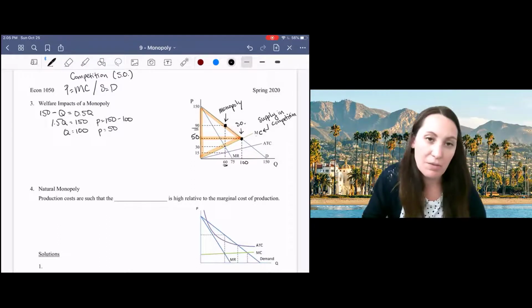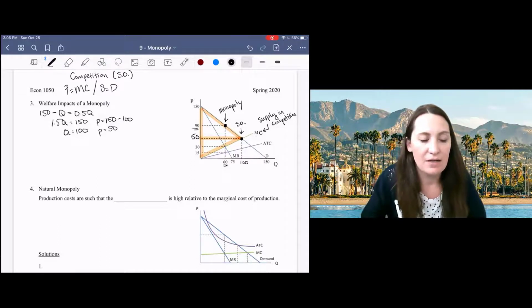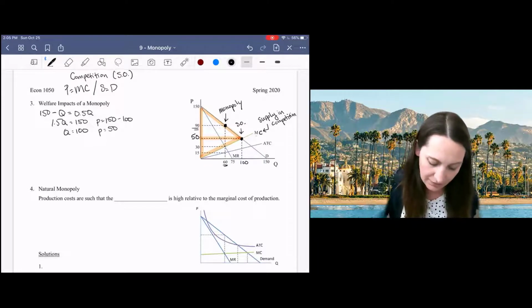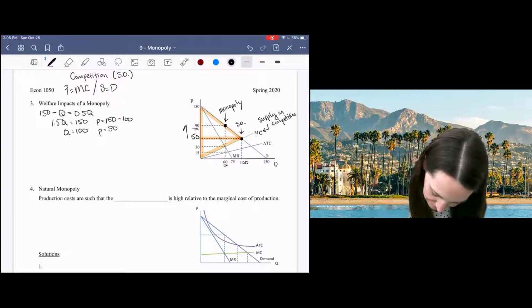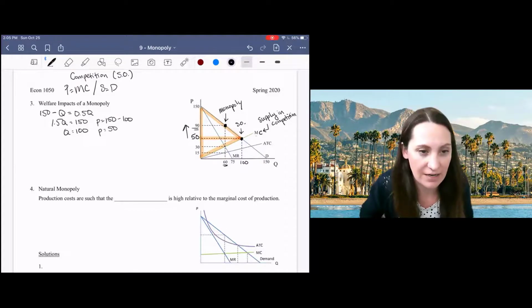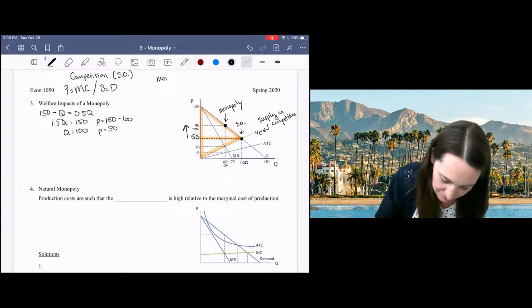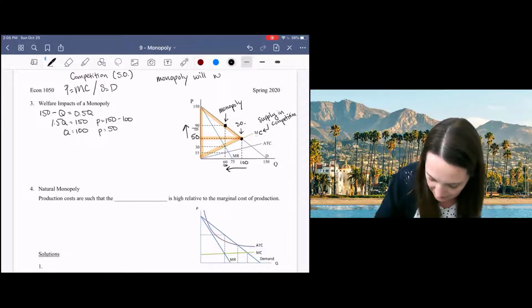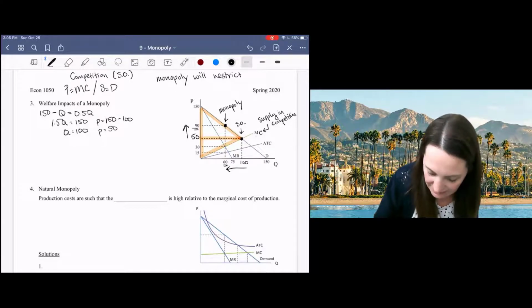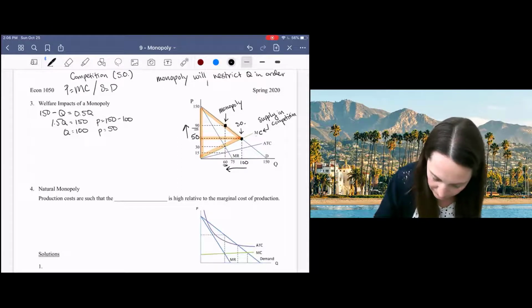So we want to now compare surplus with the monopoly to surplus in competition. You can see that with the monopoly, the consumers are charged a higher price. Monopolies will restrict the quantity that they sell in order to raise their price and increase profit.